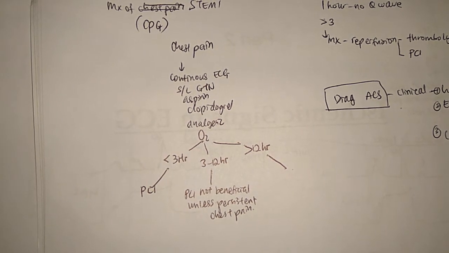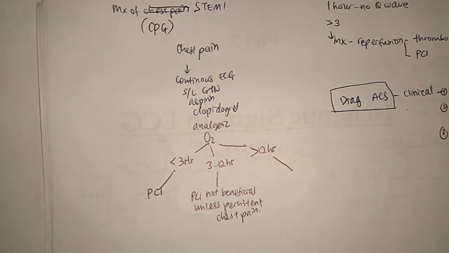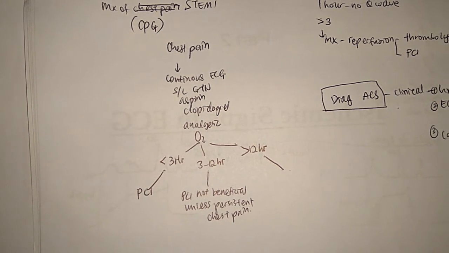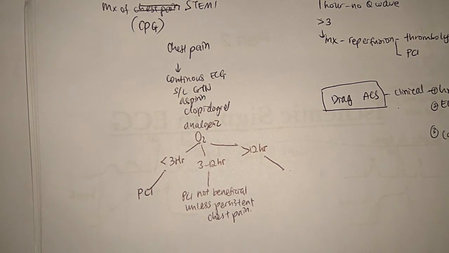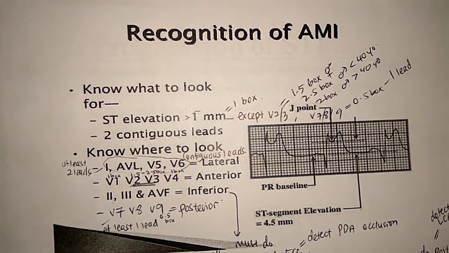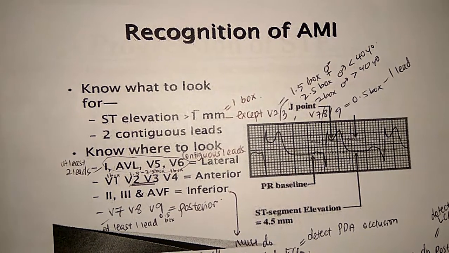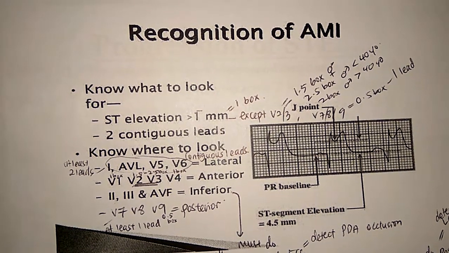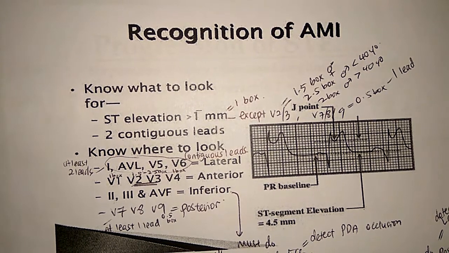Otherwise, more than 3 hours, we give thrombolytic, streptokinase, and plus minus if it is persistent angina, we give PCI. For STEMI, we not only look at one lead, however, it must be positive STEMI at 2 contiguous leads.